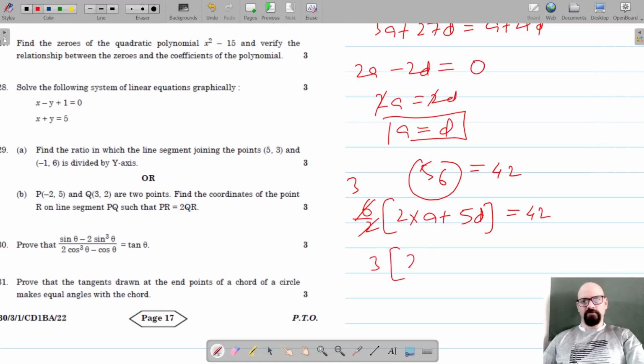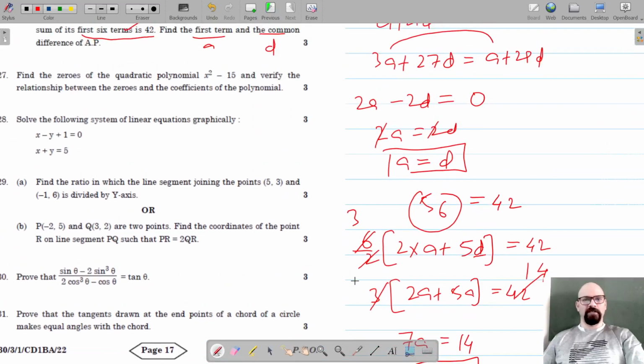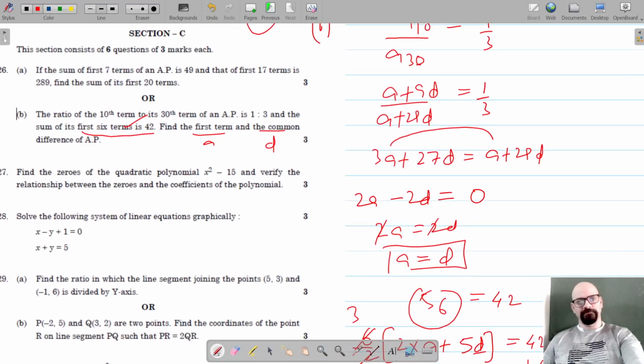Now A is equal to D, so instead of D, I can write A. So this is 3 into 7A is equal to 42, which gives me 7A is equal to 14, so A is equal to 2. Since A and D are equal, A is equal to D is equal to 2 is the answer for this question.